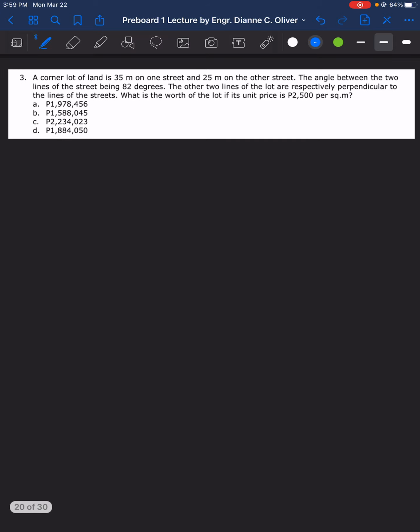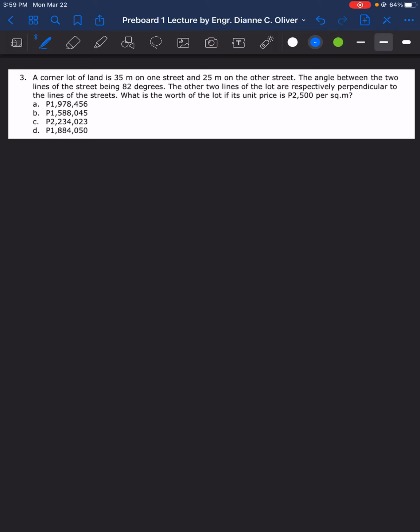For number 3, a corner lot of land is 35 meters on one street and 25 meters on the other street. The angle between the two lines of the street is 82 degrees. The other two lines of the lot are respectively perpendicular to the lines of the street. What is the worth of the lot if its unit price is 2,500 pesos per square meter?